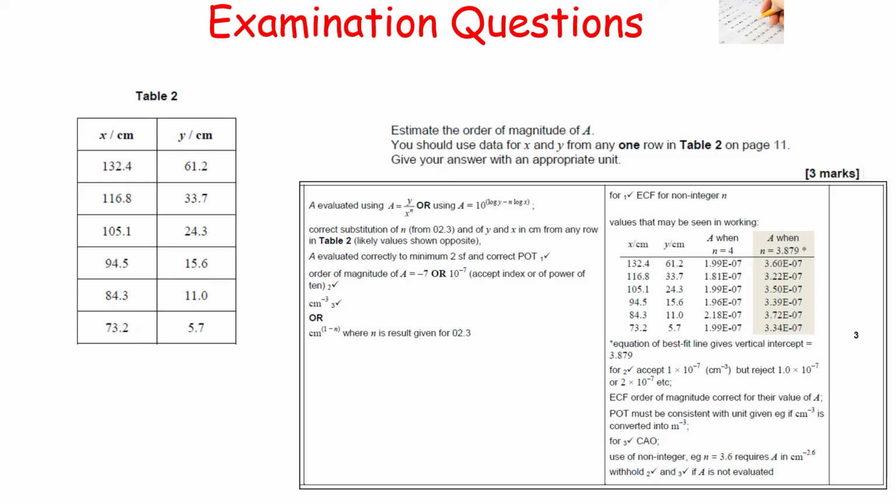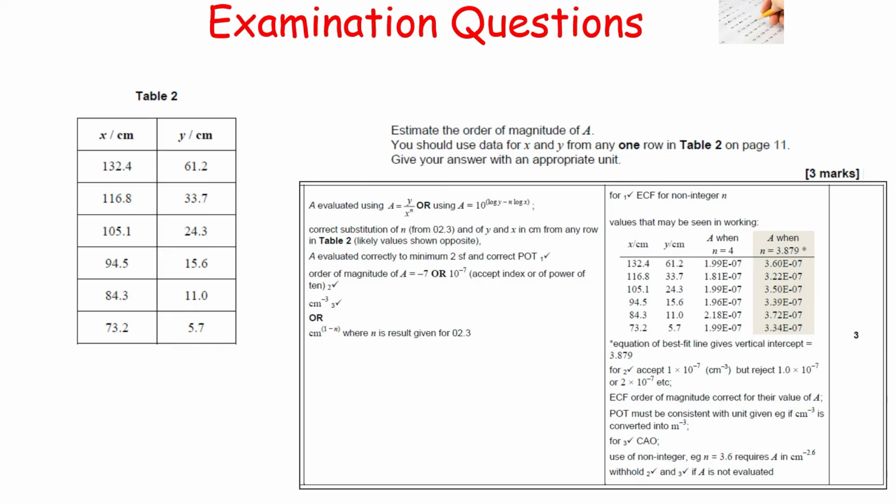Now it's asking what the unit is going to be. Well, we'll notice that y is in centimeters and x is in centimeters, but the power of x that it is multiplied to is to the power of 4. So we're actually saying it's centimeters over centimeters to the power of 4. So when we work it through and cancel it through, it's centimeters to the minus 3, and that's the units being given.